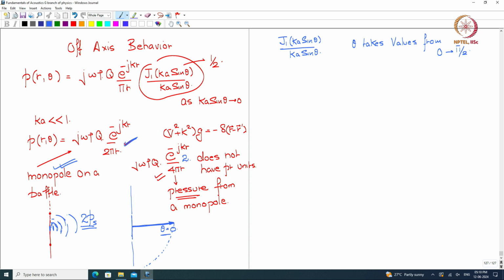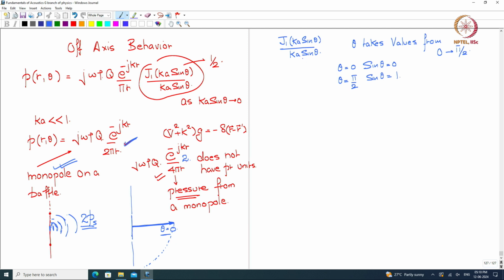Now, that means at theta equal to 0 sin theta is 0, and at theta equal to pi by 2 sin theta is 1.